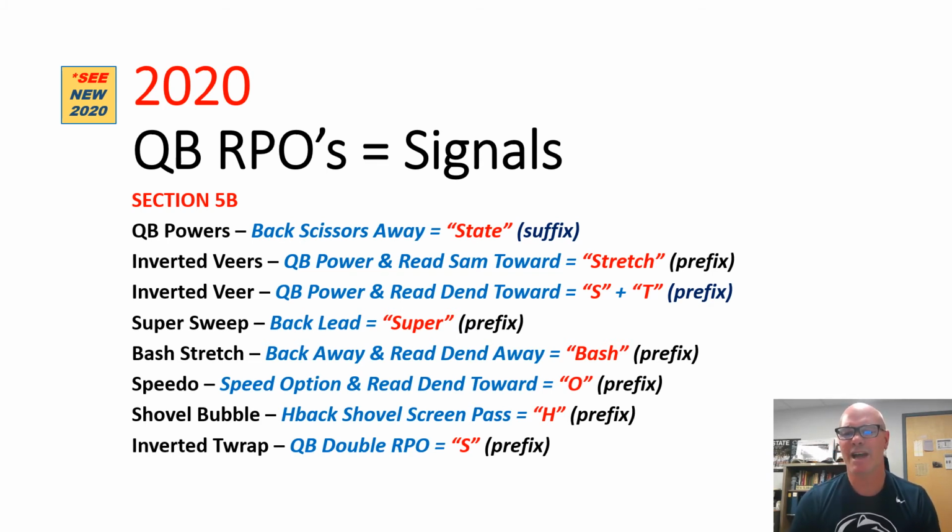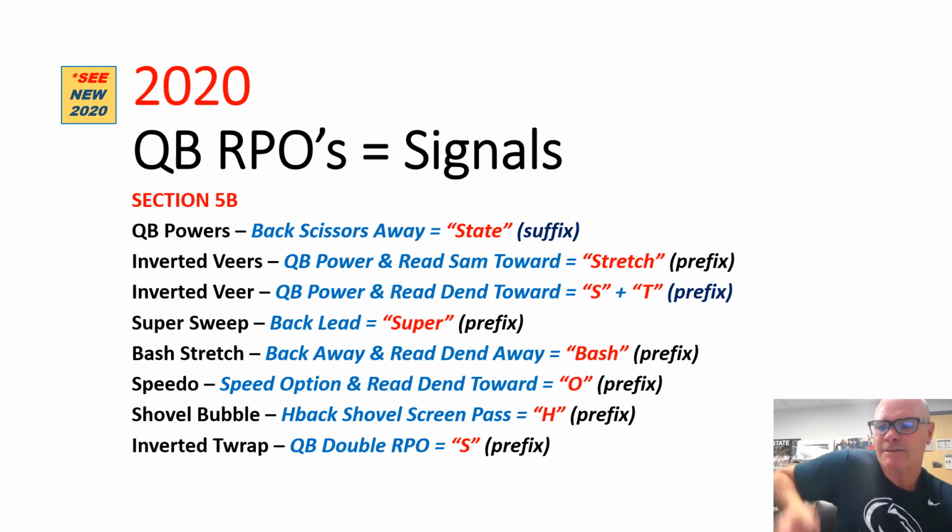When we want to do speed option, this is one of my favorites, we call it Speedo. We simply go back to a single letter, because that tells the H-back and the tackle we're going to leave that playside defensive end toward. We're going to arc release there, the H will. Again, we're going to use outside zone blocking. So we've got our Lobos, upside down FSU chop, and we just add the OK sign, okay?